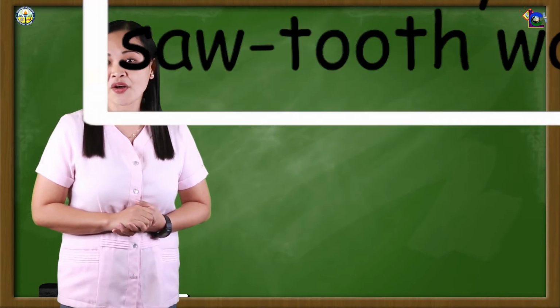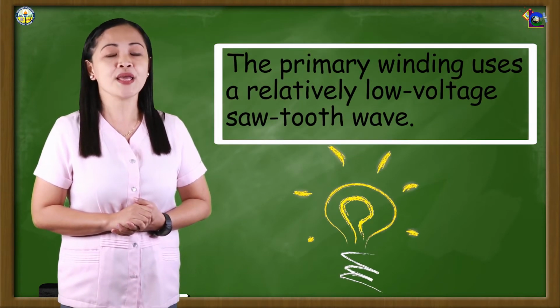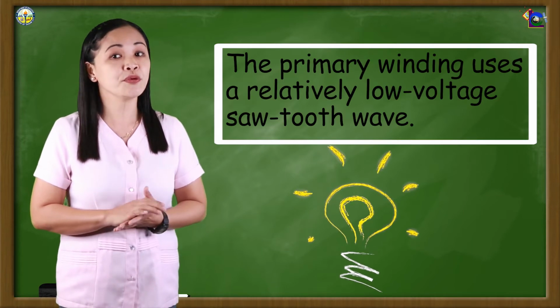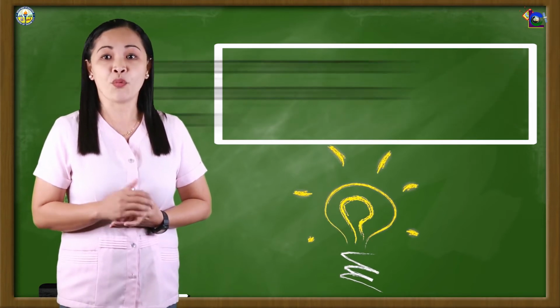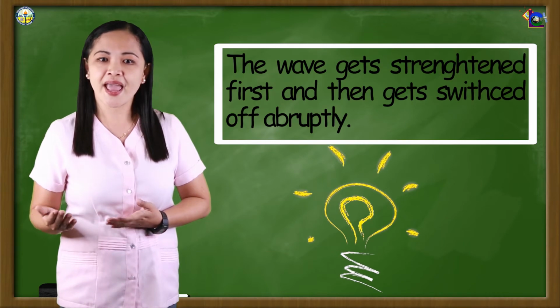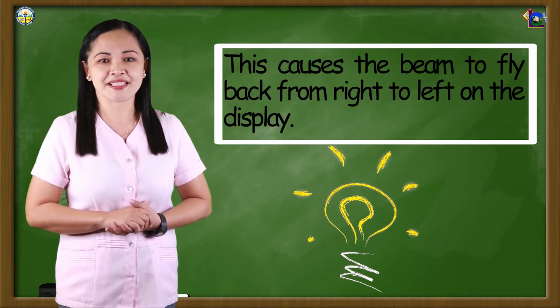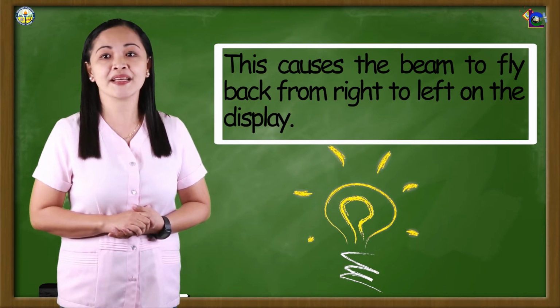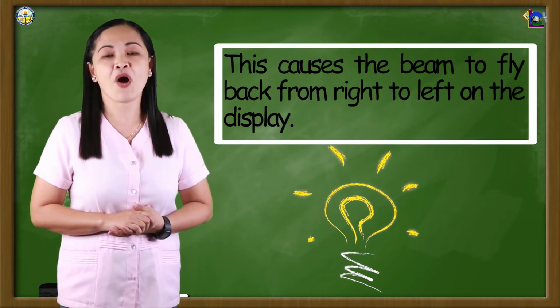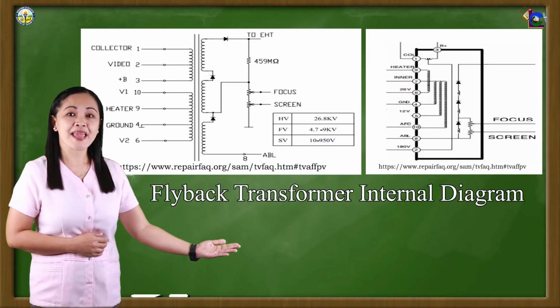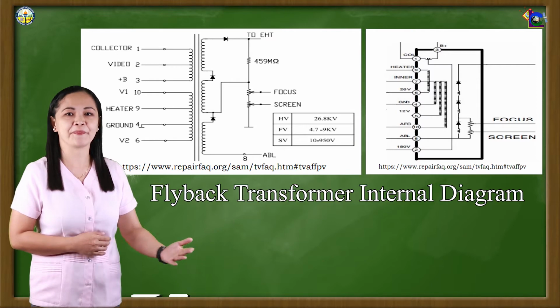It is because the primary winding uses a relatively low voltage sawtooth wave. The wave gets strengthened first and then gets switched off abruptly. This causes the beam to fly back from right to left on the display. On your screen, it shows the flyback transformer internal diagram.